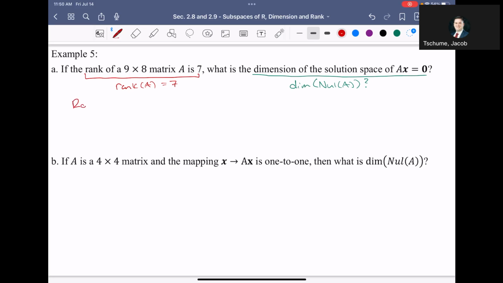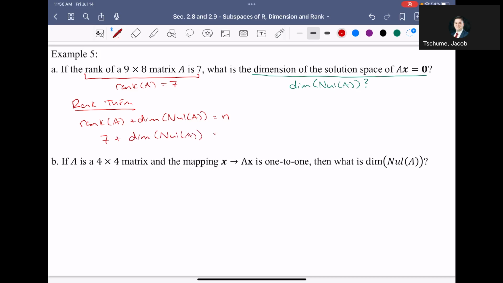Now, earlier I talked about a way to verify if our dimensions are correct, and that was using the rank theorem that I showed y'all. So as a reminder, the rank theorem says that the rank of A plus the dimension of the null space of A is equal to the number of columns, which is n. In this problem, they told us that the rank of A is 7. We do not know the dimension of the null space because that's what we're trying to find.